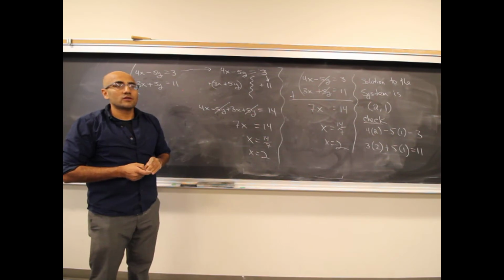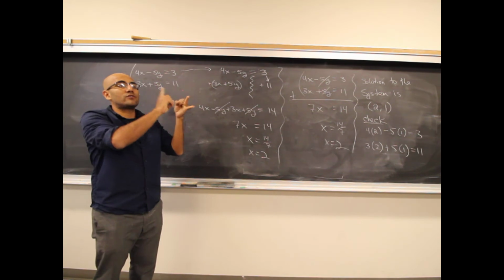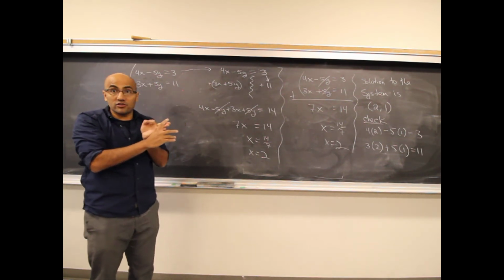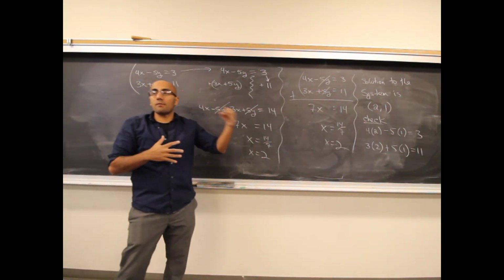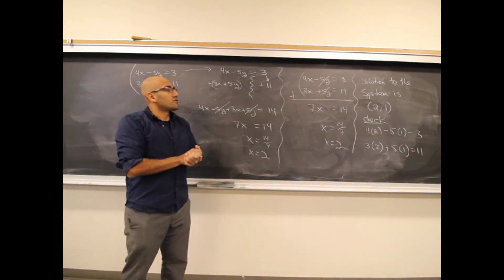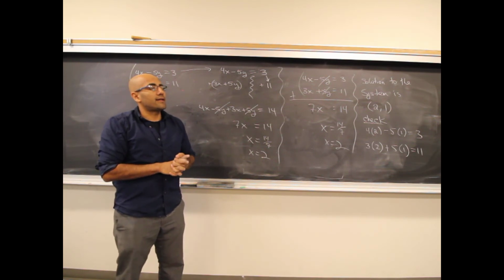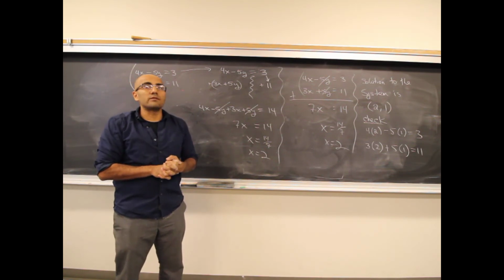Good? Questions? Okay, so you have three ways of solving systems of equations. We can graph them, we can use the substitution method, or we can use the elimination method. I think you'll find that in some cases one is better than the other. So in many of our questions, you'll find that the elimination method is probably a little bit better.